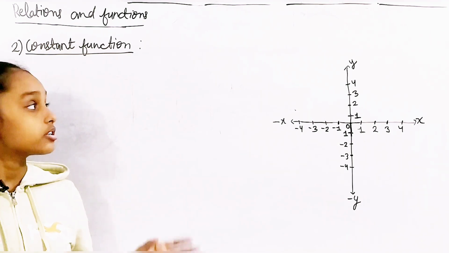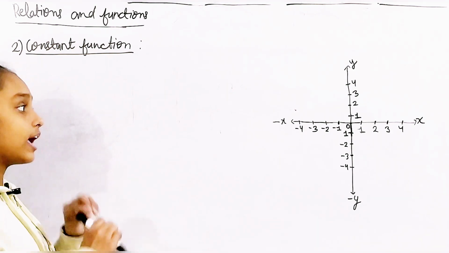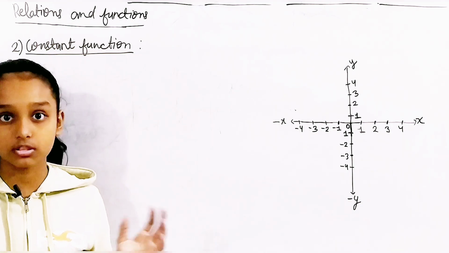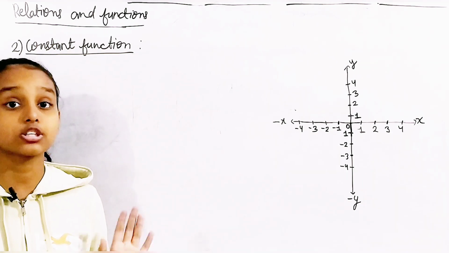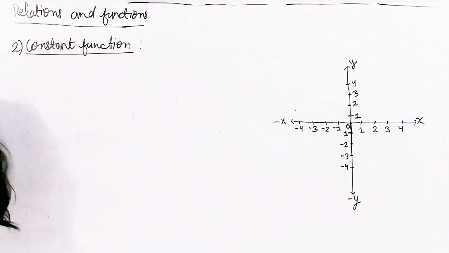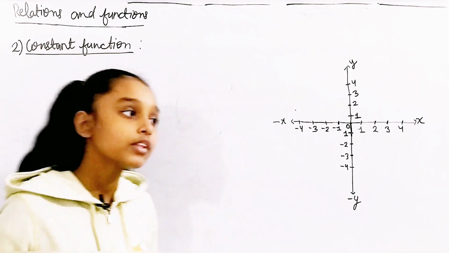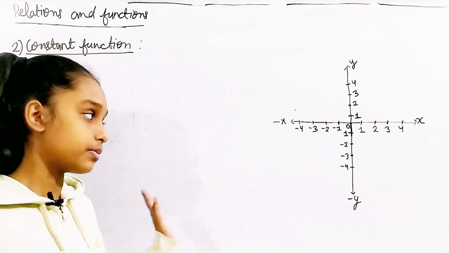It only cares about the output value that's going to come, no matter what the input value is. So a constant function has the same output value and doesn't depend on the input value at all.